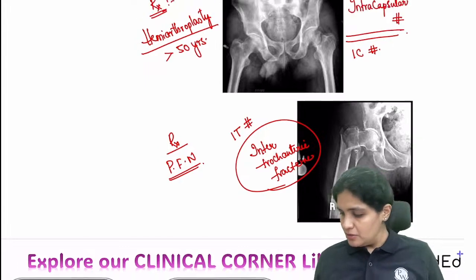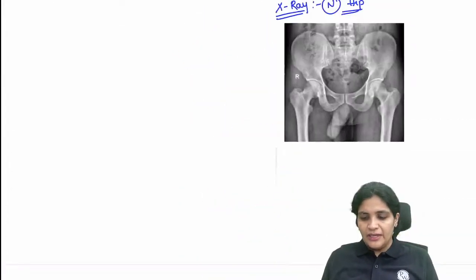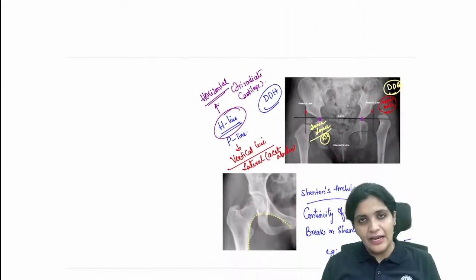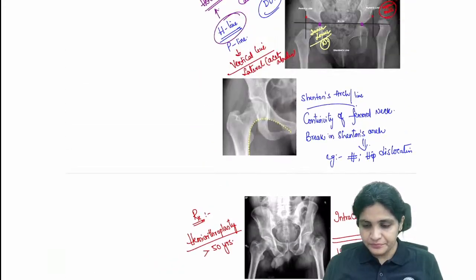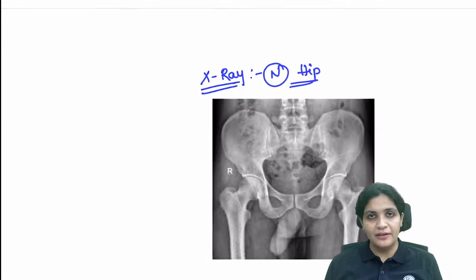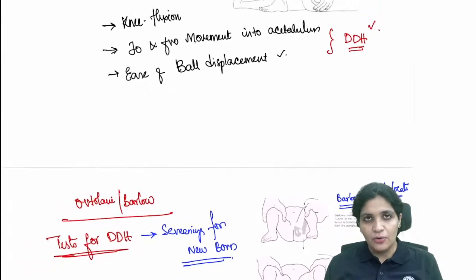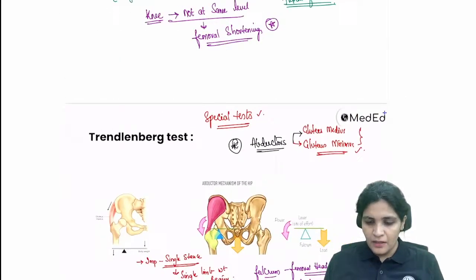Okay, so this is how your exam goes. So they can ask you anything from the questions which we have discussed. Through the X-rays, they can take you through the X-rays, and they can ask you what are the important landmarks you see on the X-ray, and they can also give you a normal X-ray and ask you to identify what are the bony prominences here, and then they can ask you the Ortolani and Barlow's and some few questions related to DDH, and so that's it.